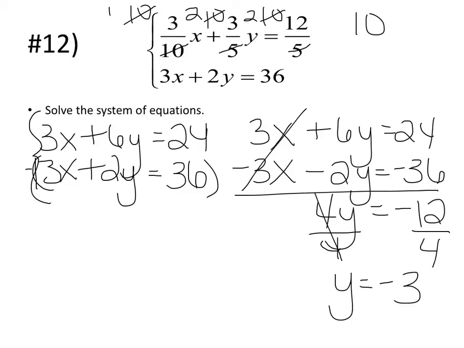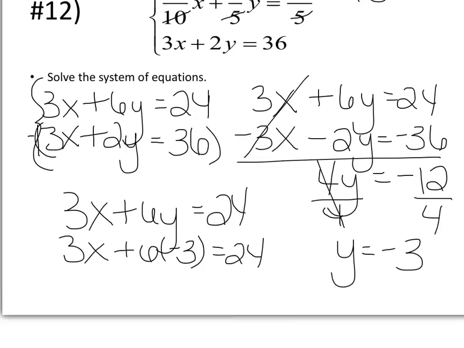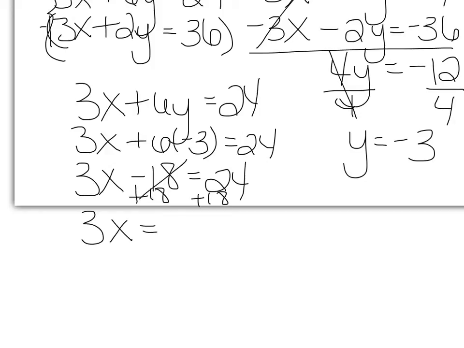Plug back in. I'm going to plug into 3x plus 6y equals 24, which is going to give me 3x plus 6 times negative 3 equals 24. So 3x minus 18 equals 24. Add 18 to both sides. 3x equals, what does that give me? 42.